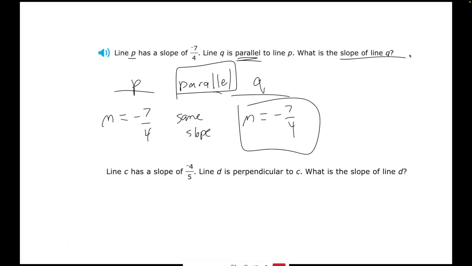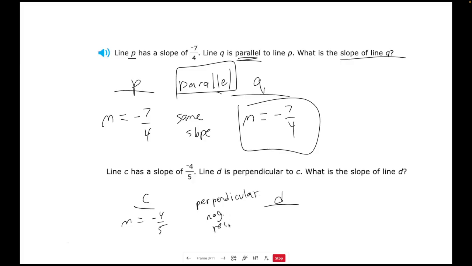Let's look at this second problem. We've got line C, and we have line D. This line C has a slope of negative 4/5. They told us they are perpendicular, which means that we need to use the negative reciprocal.